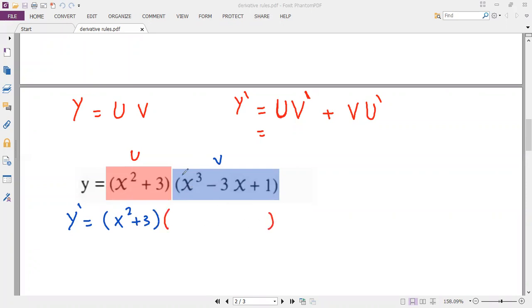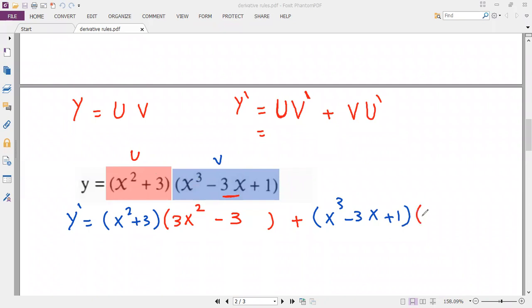What is the derivative of x to the power of 3? It's going to be 3x to the power of 2, and minus 3x, the derivative of minus 3x is going to be minus 3. Plus, write the second function as it is. The second function is given as x to the power of 3 minus 3x plus 1, multiplied by the derivative of the first function.